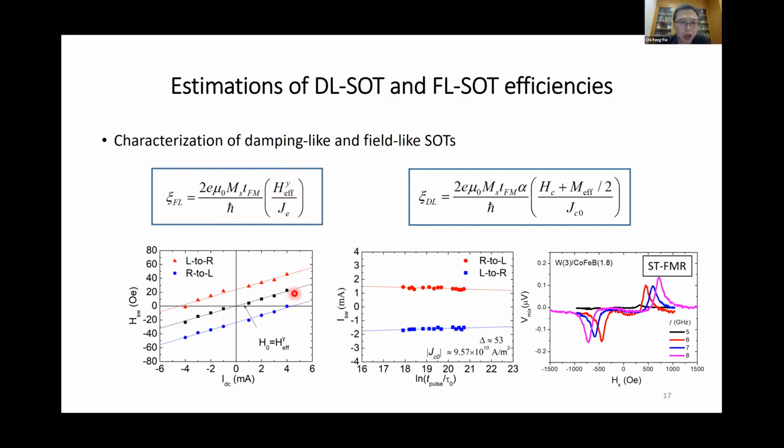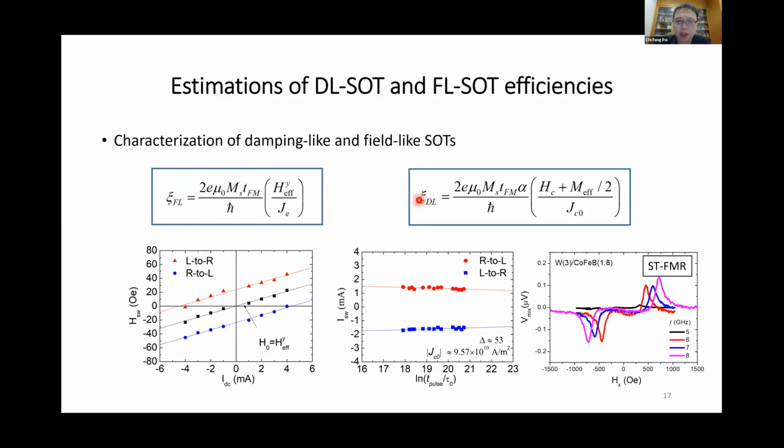So from the slope of H effective versus the current that you apply, you should be able to extract this quantity. And as long as you know the Ms, of course, you have to do the VSM measurement to get the saturation magnetization of your sample, and if you know the thickness of your ferromagnetic layer, you can estimate this field-like torque efficiency.